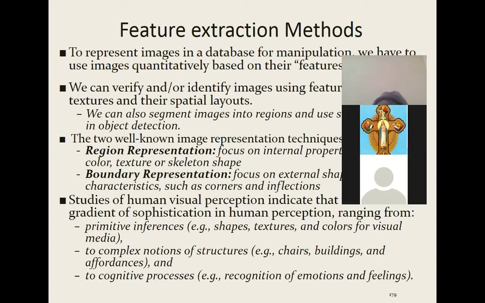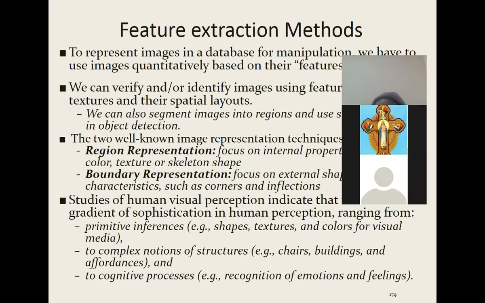The issue is what kind of feature we have to use, because maybe two or more images have the same features, or a given image may have different features, like different characters or different words having the same meaning, and the same word having different meanings.